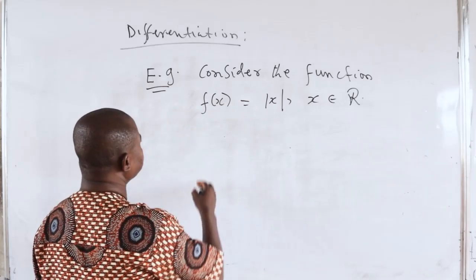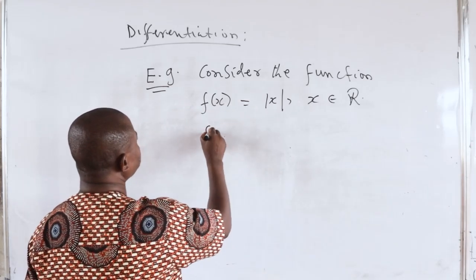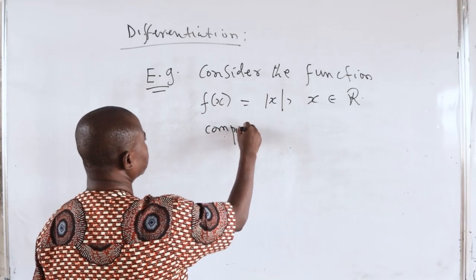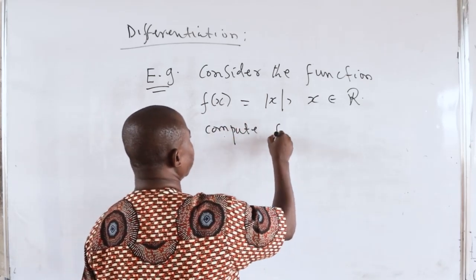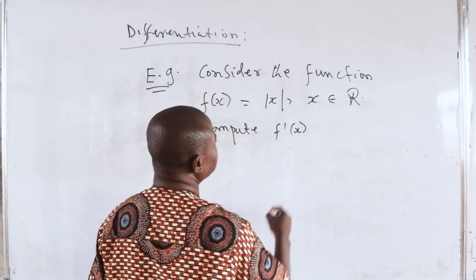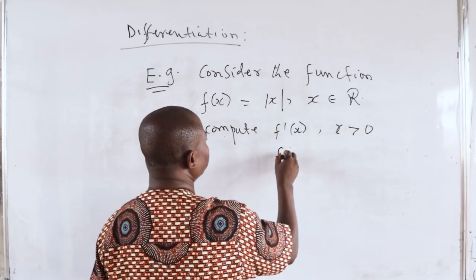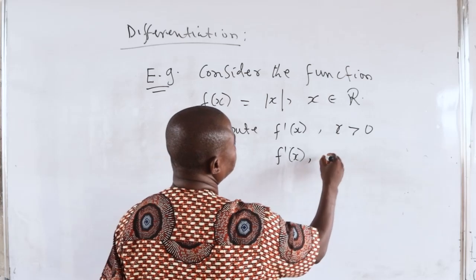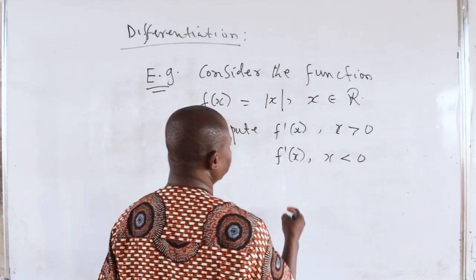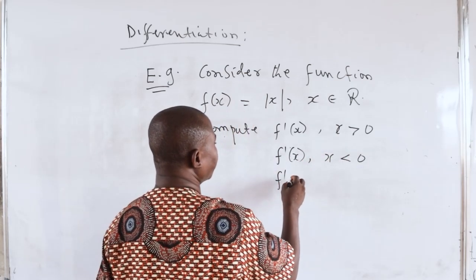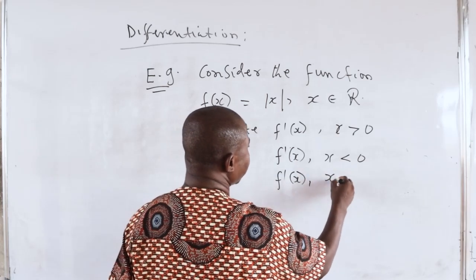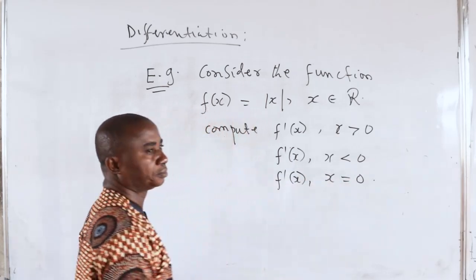The question is compute the derivative, so f prime at x when x is bigger than 0. We also want to compute f prime at x when x is smaller than 0. And then we want to compute f prime at x when x is equal to 0.